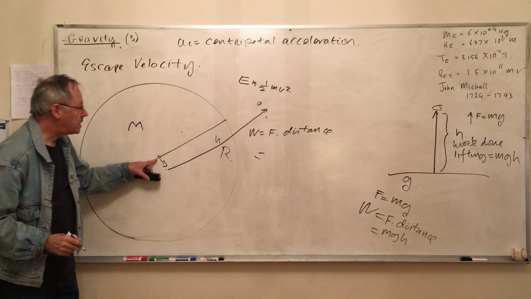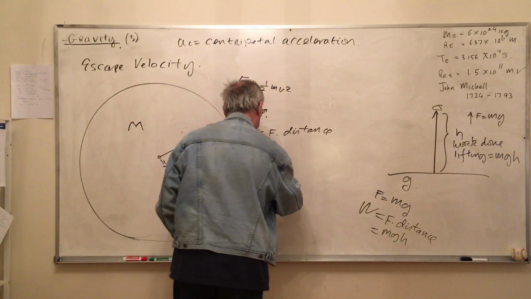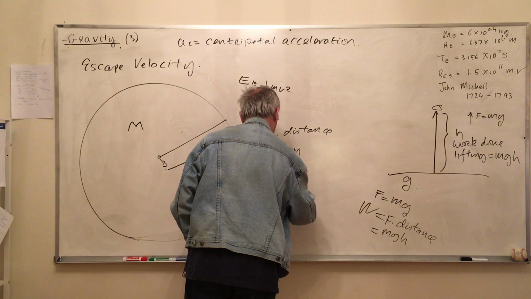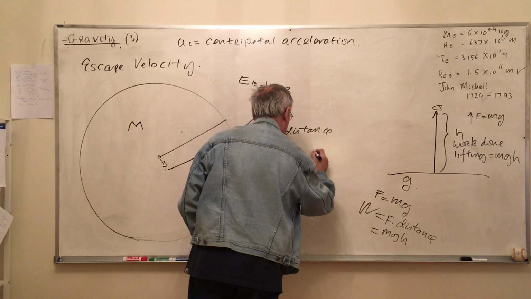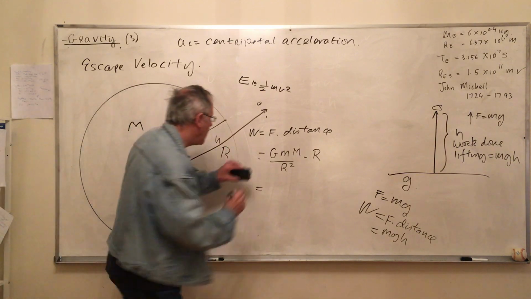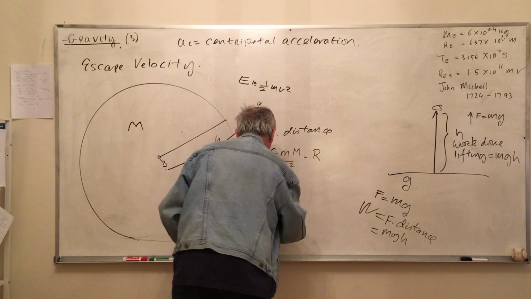Bringing the particle from the center of the Earth up to this height required work of force times distance. And the distance covered was the big R, and we'll call that the potential energy stored in the object by virtue of being at that height.